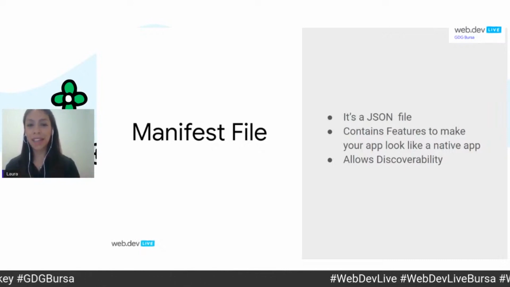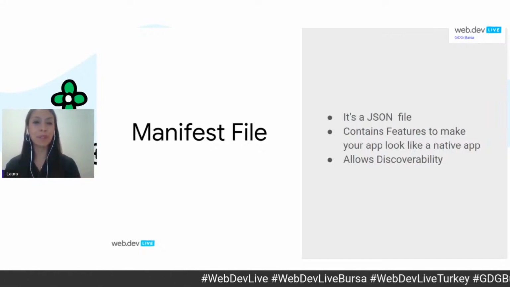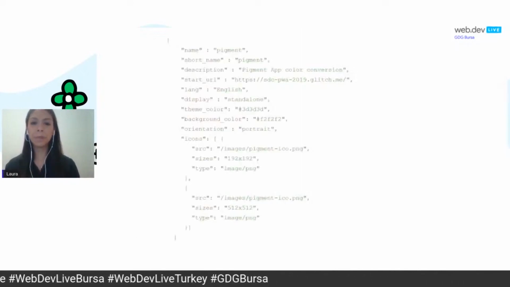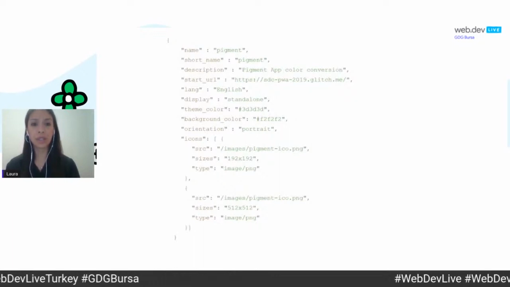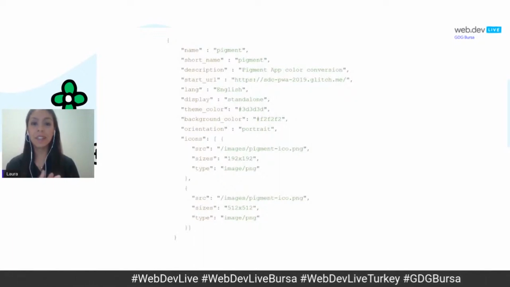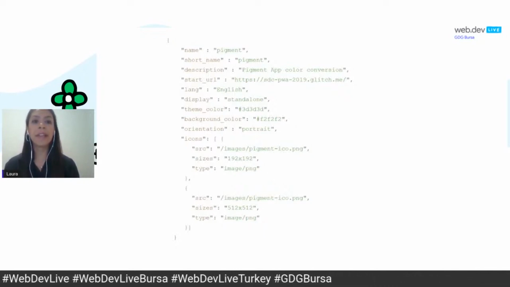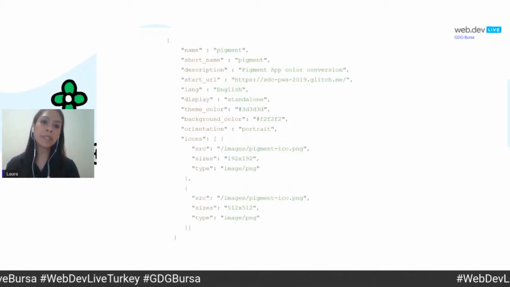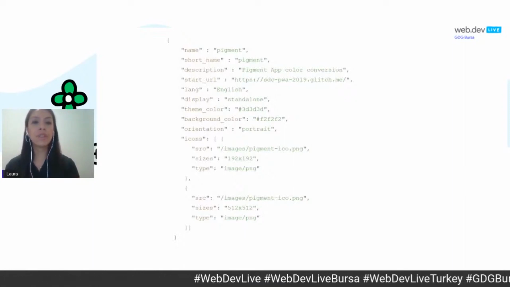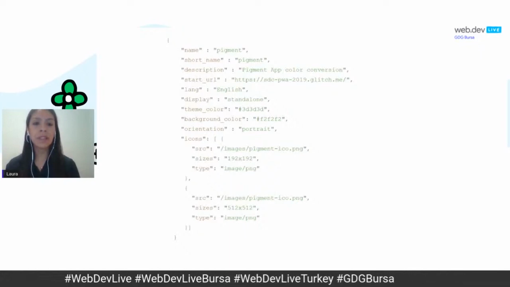For example, the icon that we mentioned before, right? And it allows discoverability. So what does it look like to have a manifest file like this? It's just a JSON file. And here you will see some properties, for example, a name, short name, your start URL, description.